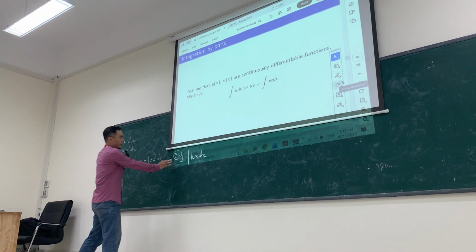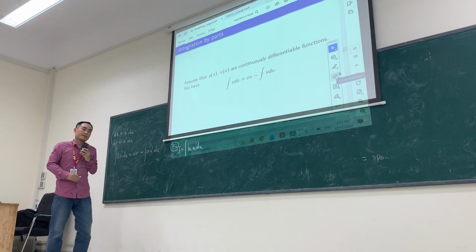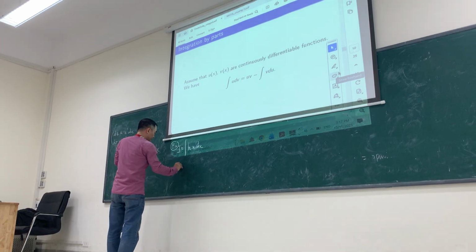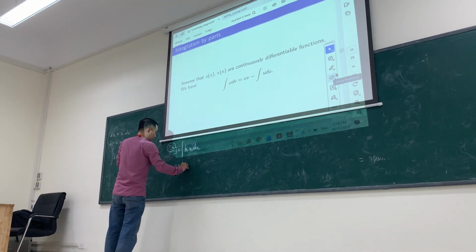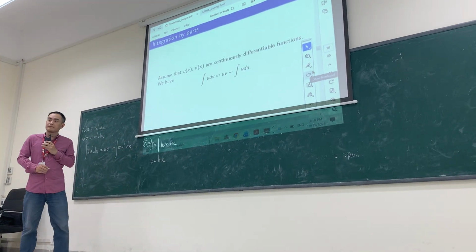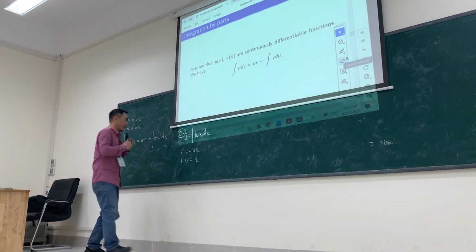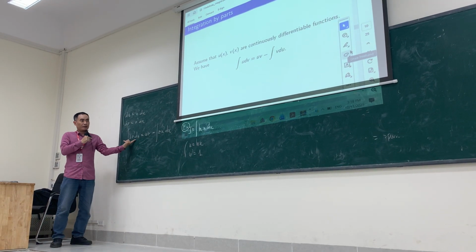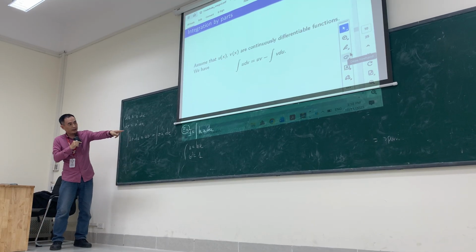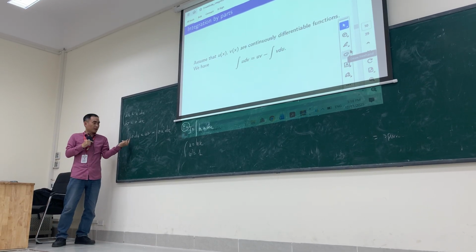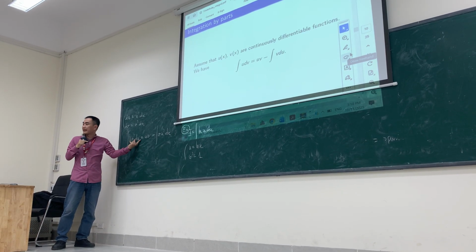Now, we return to the example here. In this example, we can take u equal natural log x and v prime equal 1. We express the integral in the form u v prime dx.